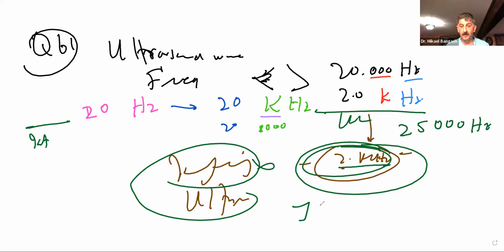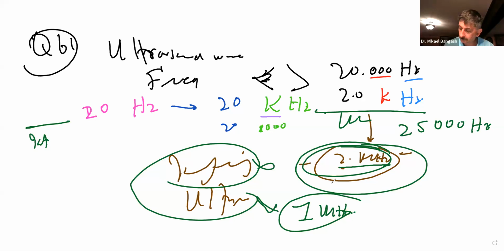An ultrasound wave of 1 megahertz is still ultrasonic, but we cannot use it for diagnostic imaging because it doesn't fall into that range. Did you ladies get that?